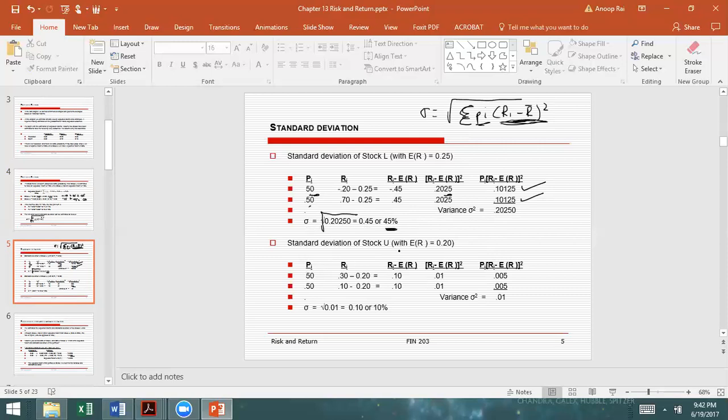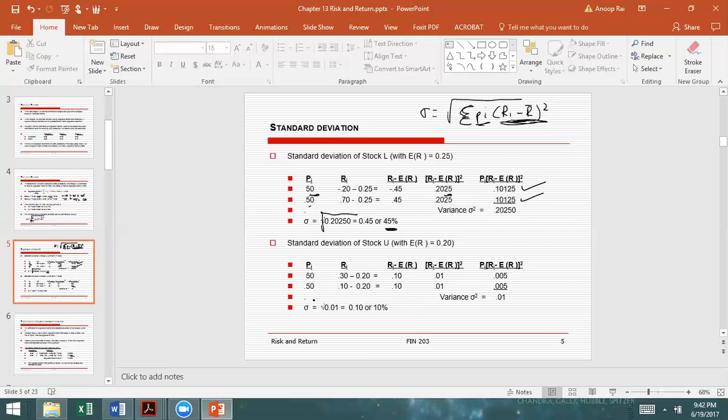Similarly, we're going to do it with stock U. Remember, stock U's expected return was 0.20. So first we take 0.30 minus 0.20, which is plus 0.10, and 0.10 minus 0.20, which is negative 0.10 right there. Then we square it, it becomes 0.01, 0.01.